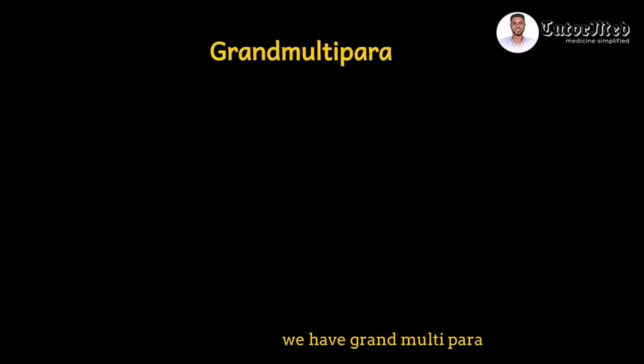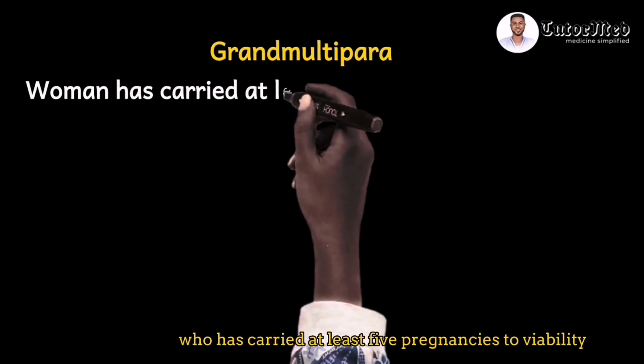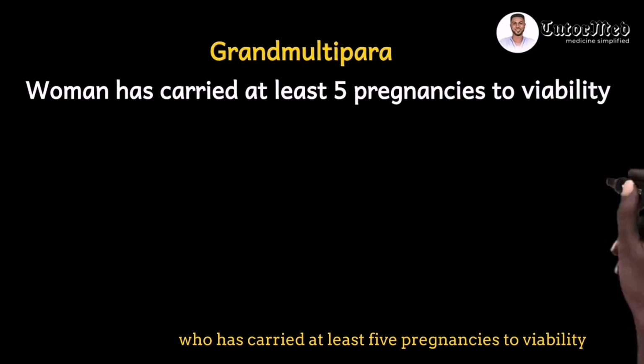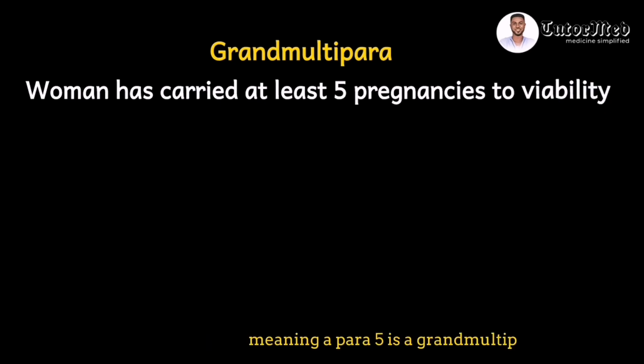Now, still on the terms associated with parity, we have grand multipara, sometimes informally termed grand multip. And so who is a grand multip? A grand multip is a woman who has carried at least 5 pregnancies to viability, meaning a para 5 is a grand multip.